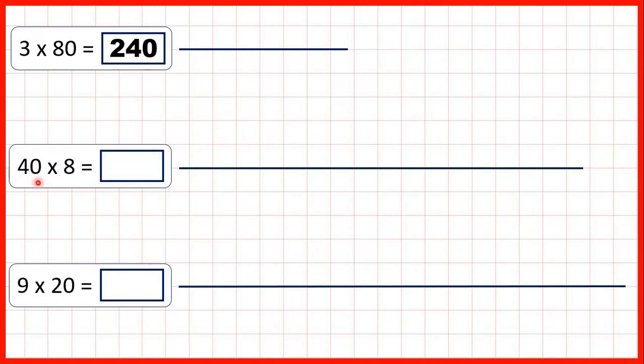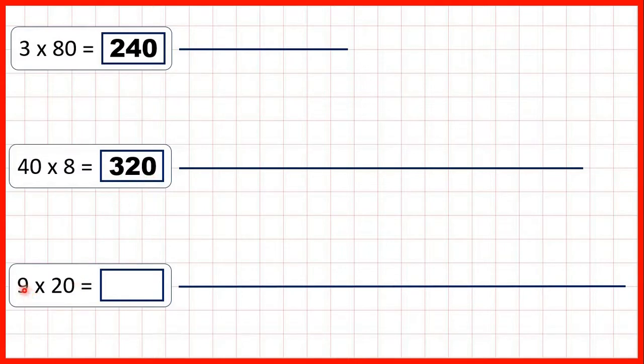Now 40 times 8. Well, we know that 4 times 8 is 32, and that means 40 times 8 must be 320. So 32 with a 0 on the end, because we have a 0 in our multiplication question. If we know 4 times 8 is 32, we know 40 times 8 is 320.